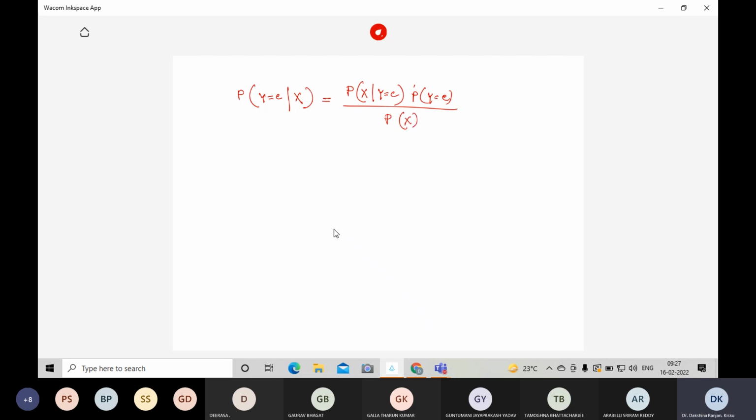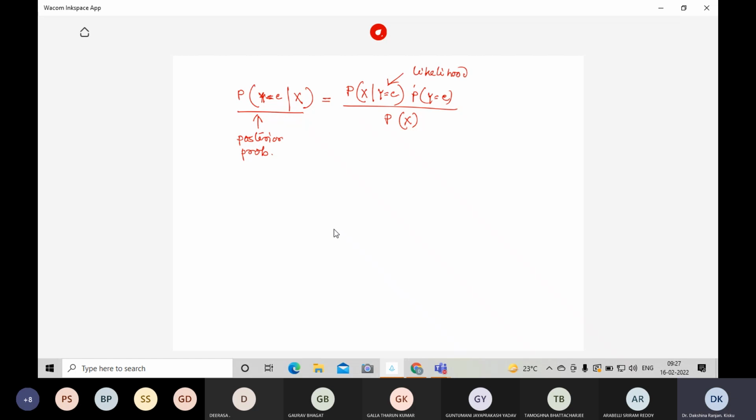Okay, now what do we call this probability? Probability of y equals c given x. So this probability will be called posterior probability. And this probability will be called likelihood.